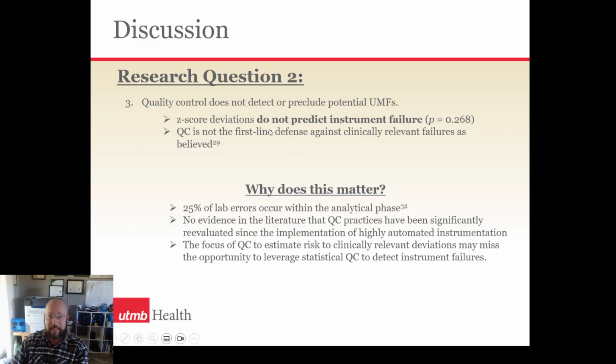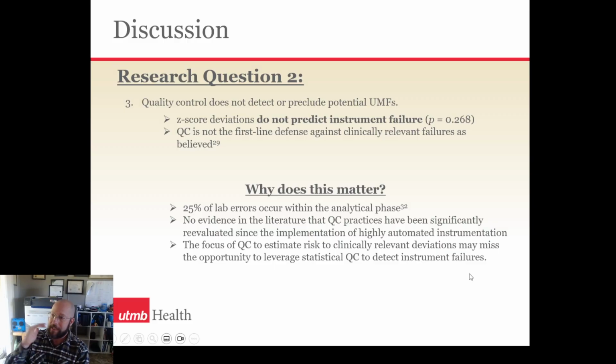Again, QC is not the first line of defense against instrument failures as believed. Really, QC focuses on evaluating clinically relevant deviations. So think of your glucose results. We want to know, is it plus or minus 10%? Is it clinically relevant? But it misses the opportunity to leverage statistical QC to detect upcoming failures.